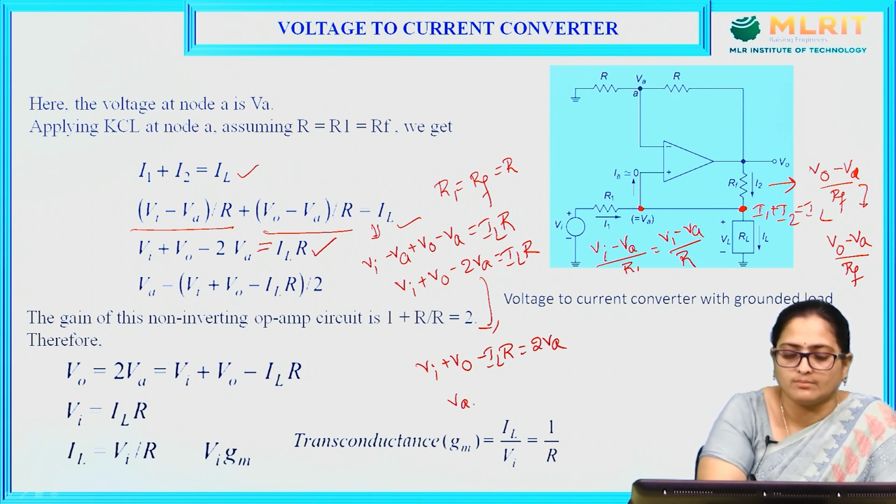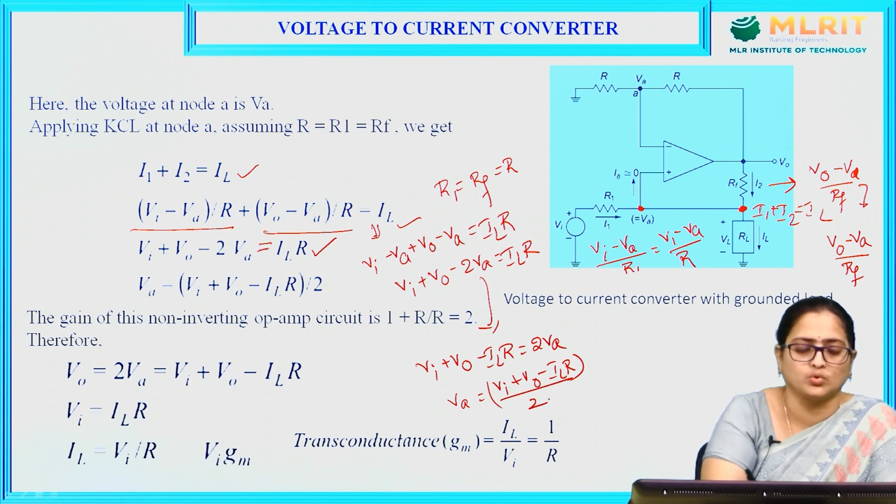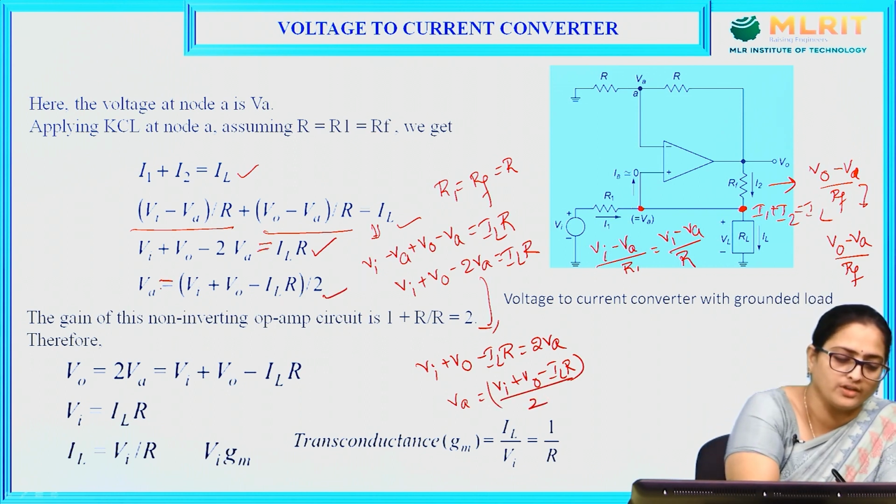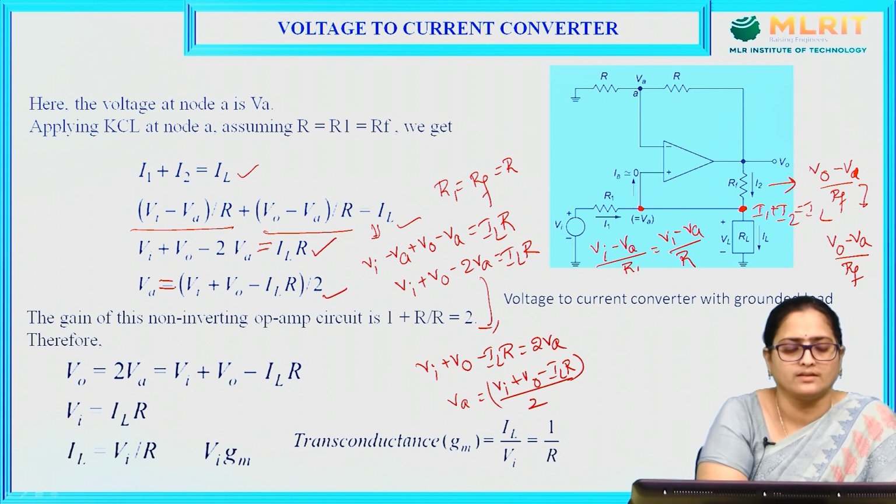So Va can be given as Vi plus V0 minus IL R, divided by 2.